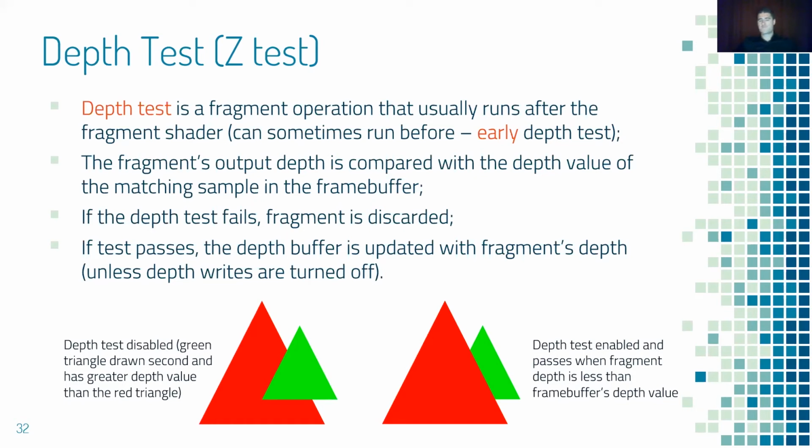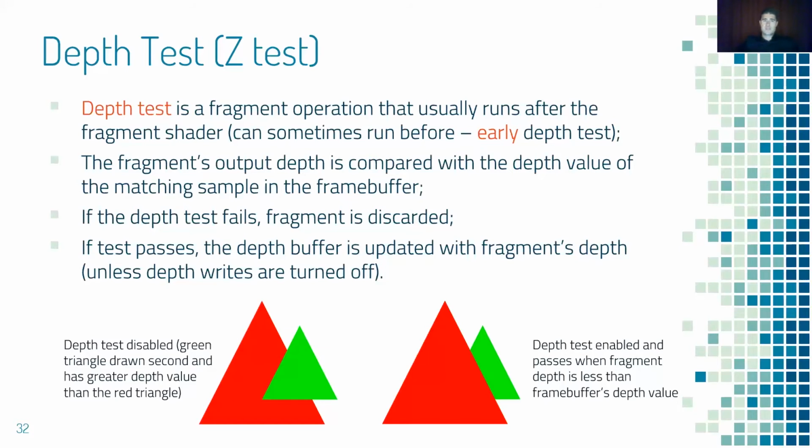On the right, depth test is enabled, and then you see what happens. Because in this example we selected the depth function to be less or equal, the GPU will compare the depth of the green triangle with the depth of the red triangle, which is in the frame buffer, and will figure out that the depth of the red triangle is smaller, so it will not draw the green triangle over the red triangle.